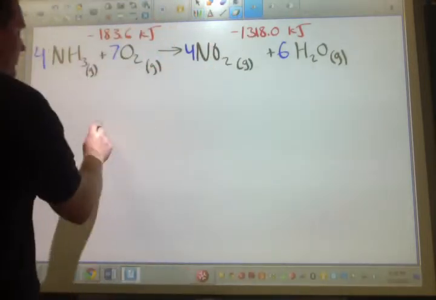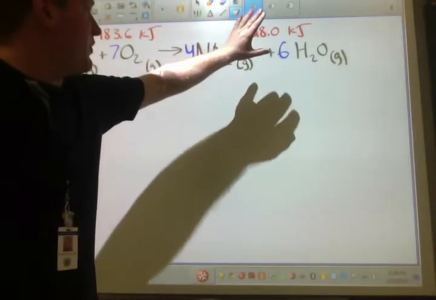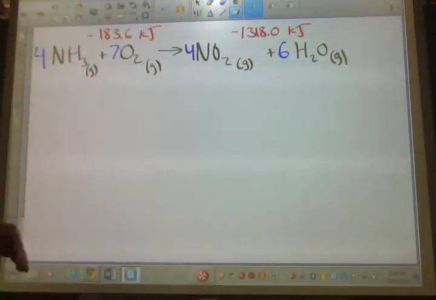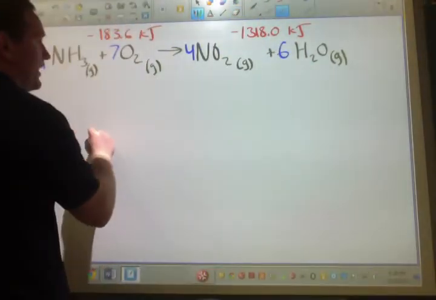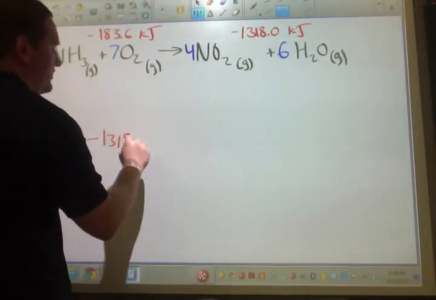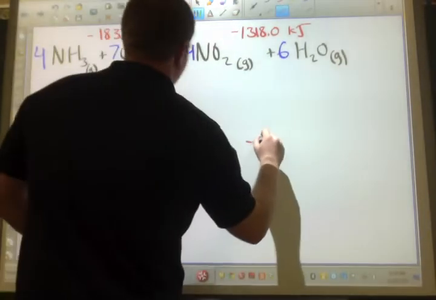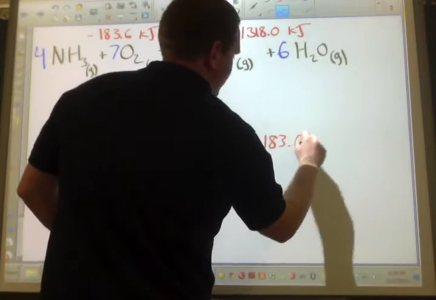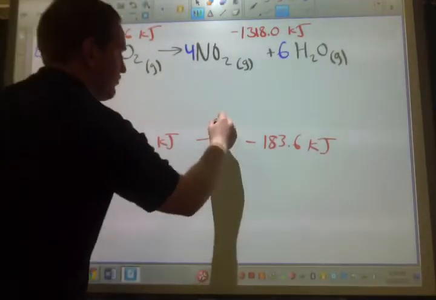My heat of reaction is the enthalpy of formation of my products minus my reactants. So make sure you get the order right on this. It's going to be negative 1318.0 kilojoules minus negative 183.6 kilojoules. This minus that. Minus minus means plus.